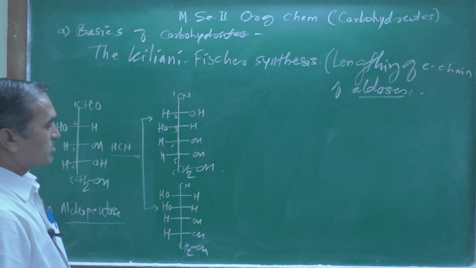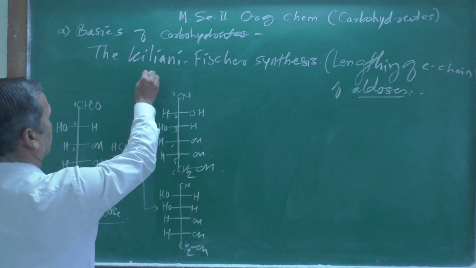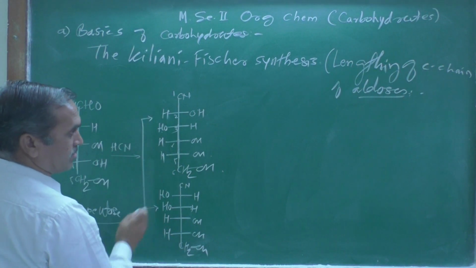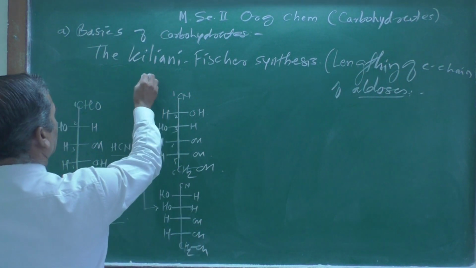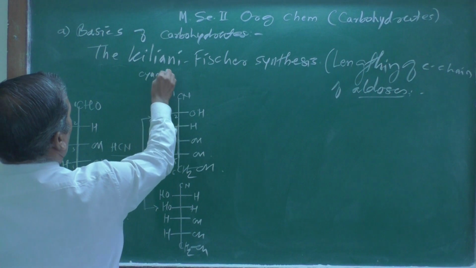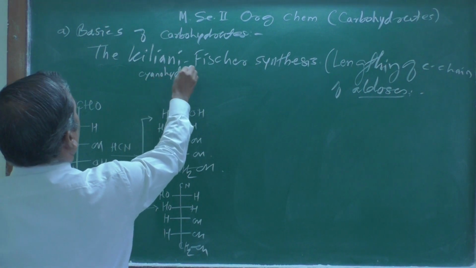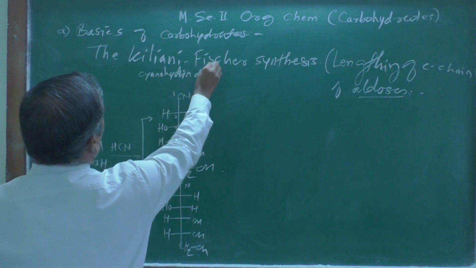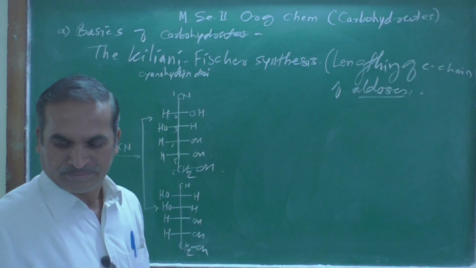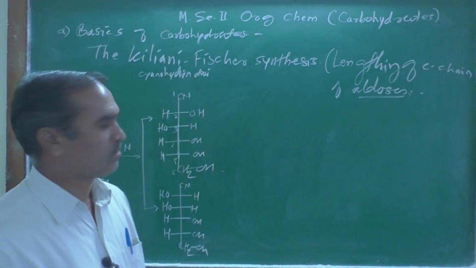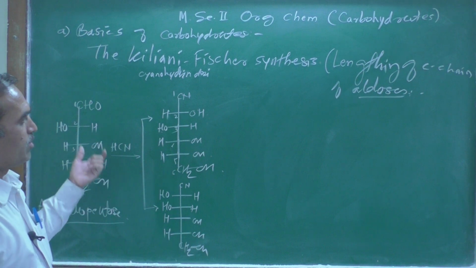Look, this is a cyanohydrin derivative. I am writing it over here because there is no space there. These cyanohydrin derivatives you have found over here, or we got them with the hydrogen cyanide.